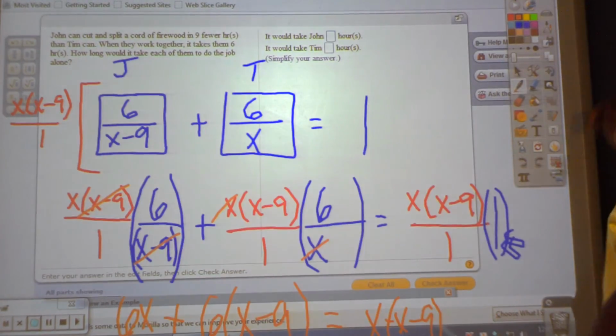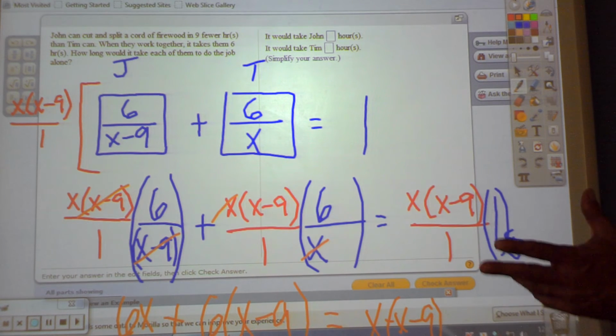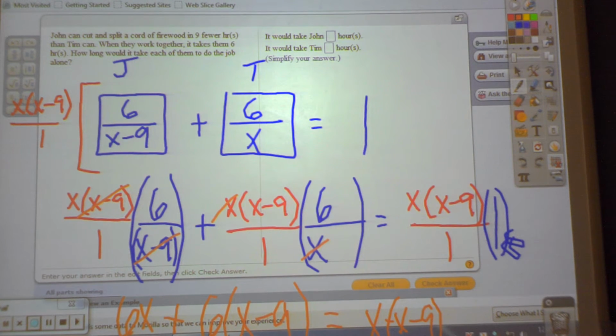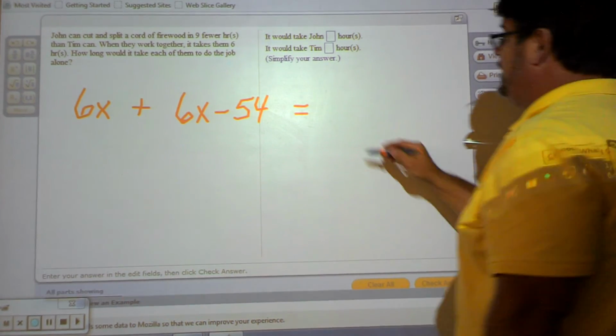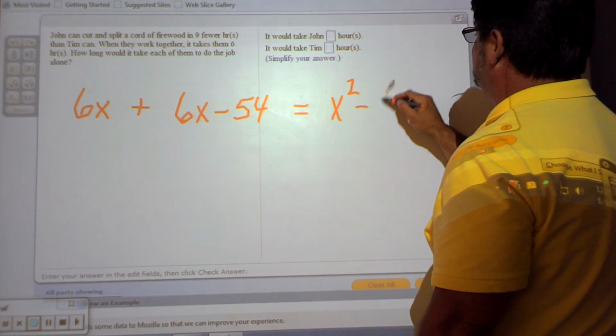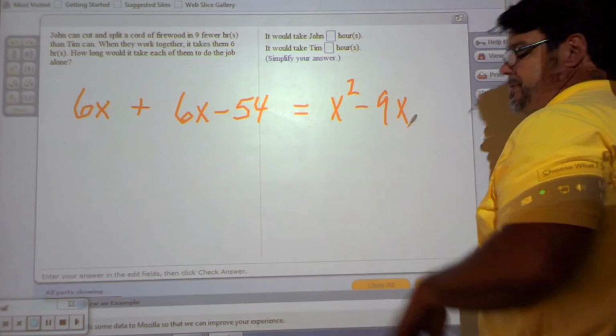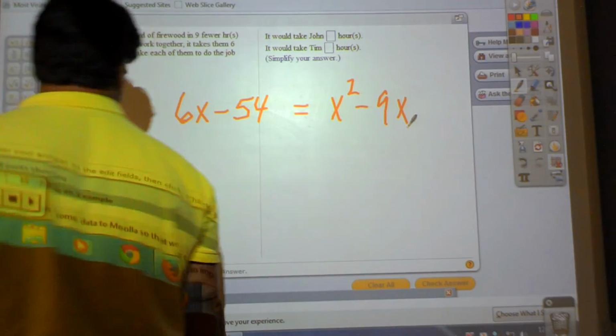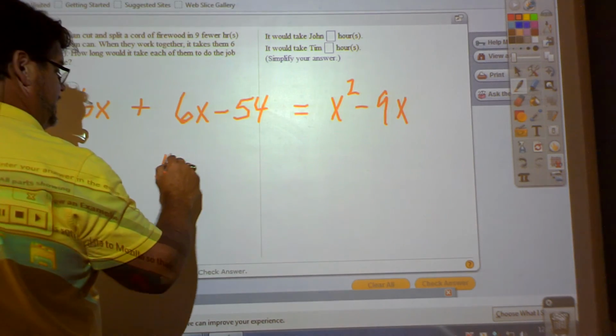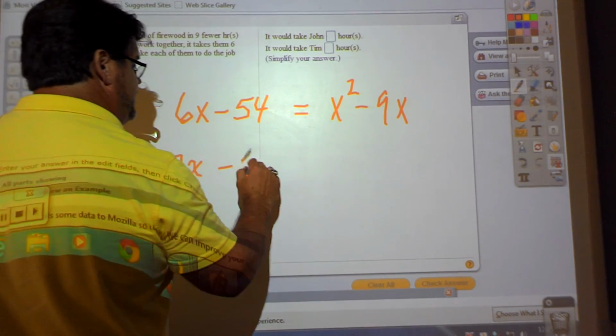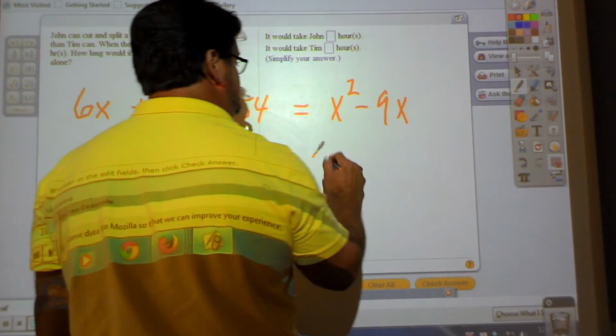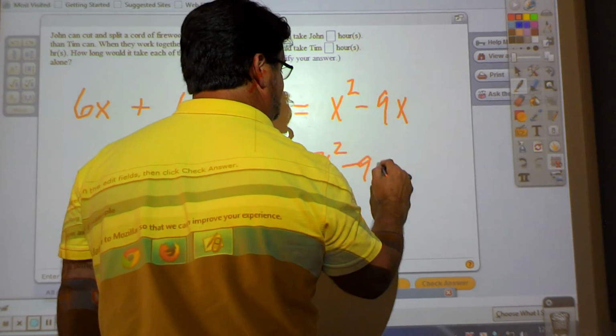Let me go back and look at it. X squared minus 9x, right? Now 6x plus 6x comes up to be 12x. Minus 54 is equal to x squared minus 9x.